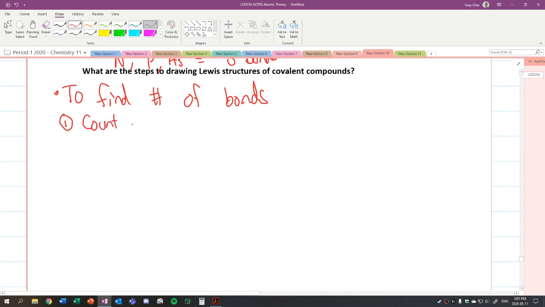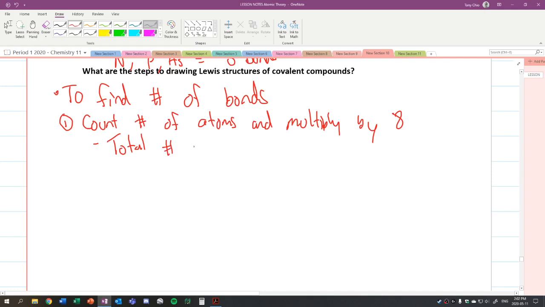Count the number of atoms and multiply by 8. And what it's going to tell you is the total number of electrons for octet. We're expecting to treat each element as an individual, and if each element has 8 electrons to become a full octet, we'll find that number as a total number of electrons for the octet.